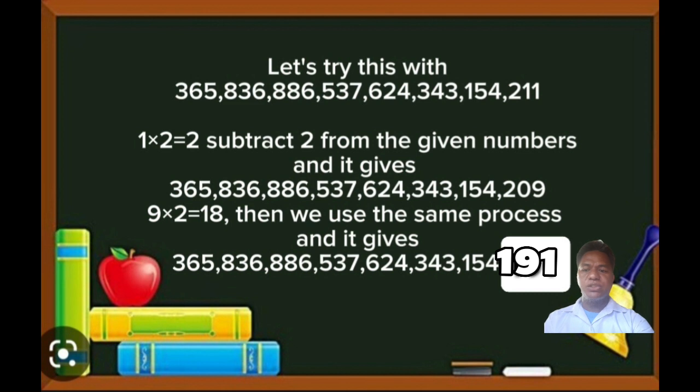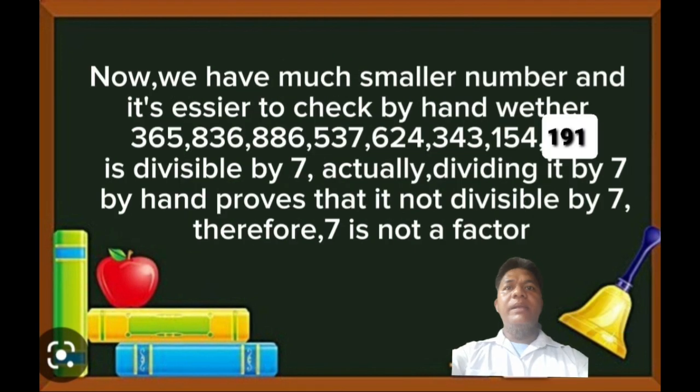So it gives us 365 sextillion, 836 quintillion, 886 quadrillion, 537 trillion, 624 billion, 343 million, 154,191. Now, we have a much smaller number and it's easier to check by hand whether the result is divisible by 7. Actually, dividing it by 7 by hand proves that it's not divisible by 7. Therefore, 7 is not a factor.